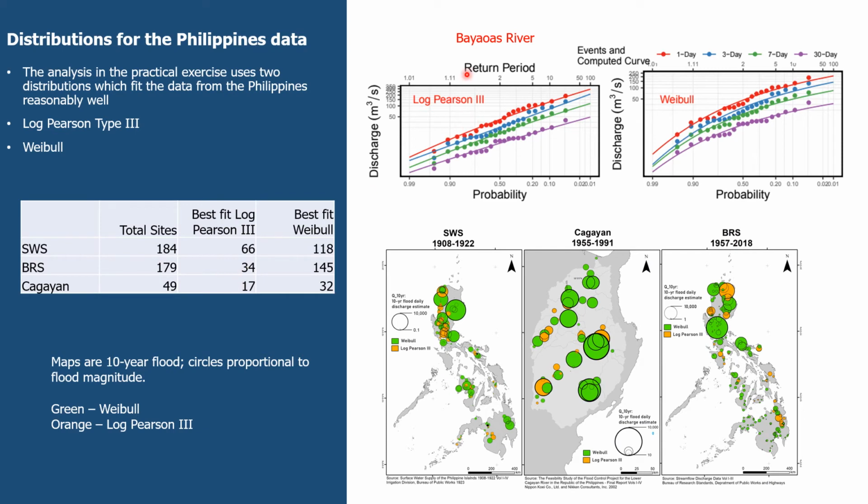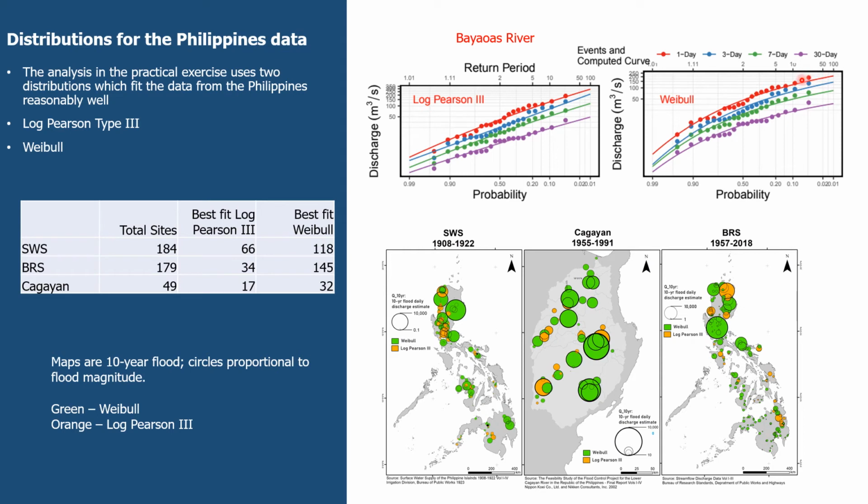A typical example here for the Biaos River, we have the two distributions fitted to the same data set. Sorry, the vertical scales are slightly different, but you can see that the points, the red data are the daily flood magnitudes, the ones we're perhaps most interested in, and you can see that largely speaking the data are fitted well by the distribution.